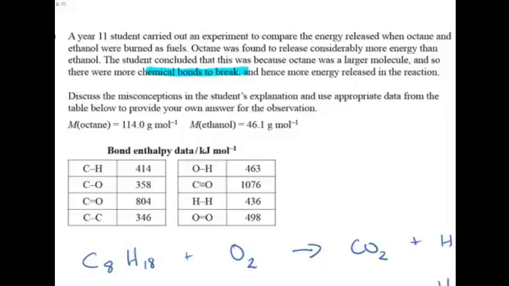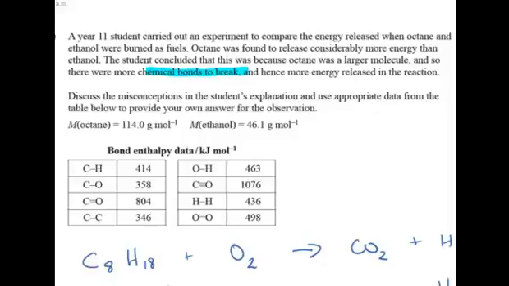First of all, immediately when we look at what the student's saying about the chemical bonds to break: when we do these reactions, breaking bonds is an endothermic process, so that absorbs energy, takes energy in from the surroundings. When bonds are formed, energy is given out, it's released, and whether a reaction is exothermic or endothermic is based on the difference between those two.